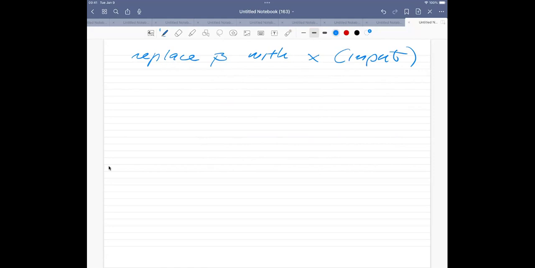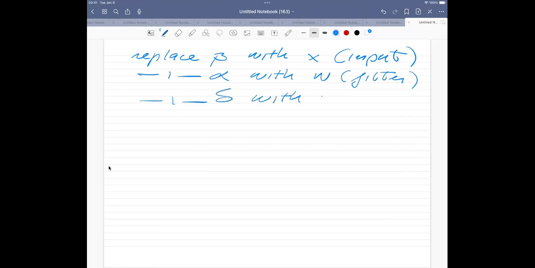So if you look at x here, in this case beta has more elements than the vector alpha, because beta represents a third order polynomial, whereas alpha represents a second order polynomial. And then I replace alpha with w. So that is my filter. And normally the dimensionality of w is smaller than the dimensionality of x, the input. And then I replace delta with y. So that is the output.